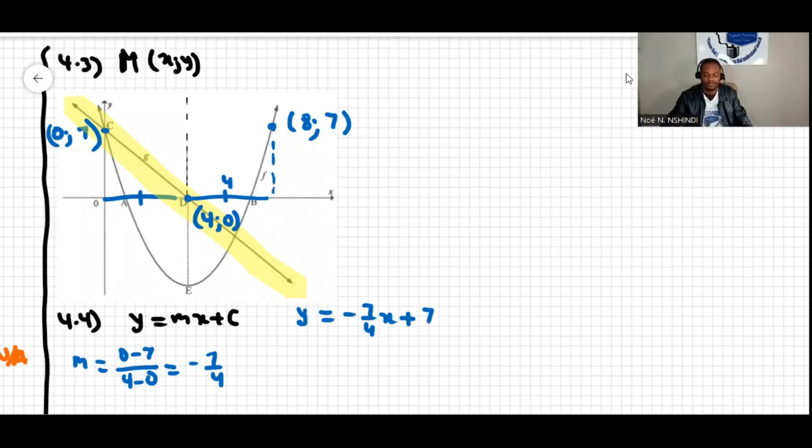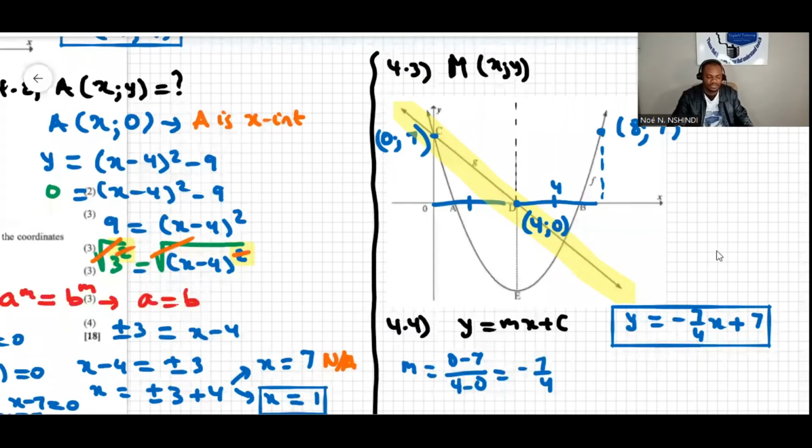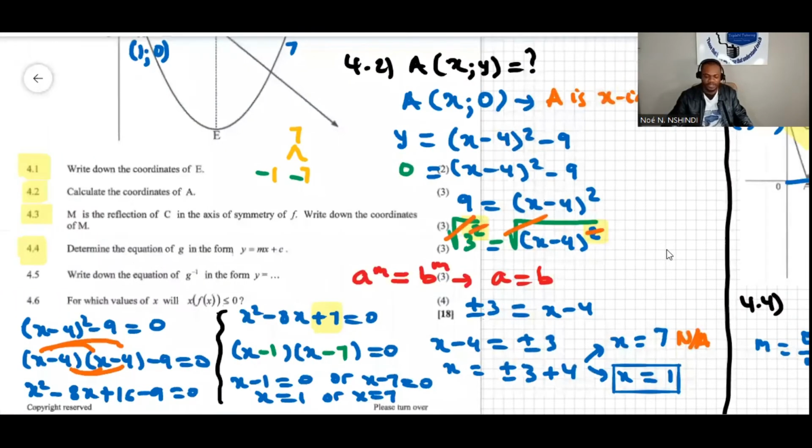And then we have the equation of the straight line: y equals negative 7 over 4 x plus 7. Now question 4.5.